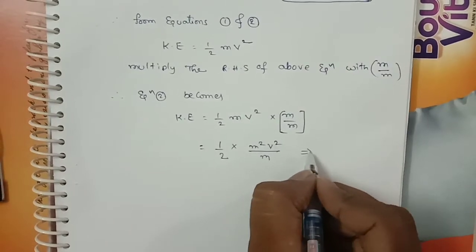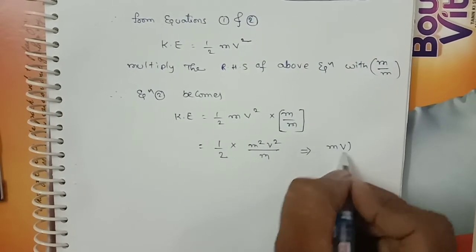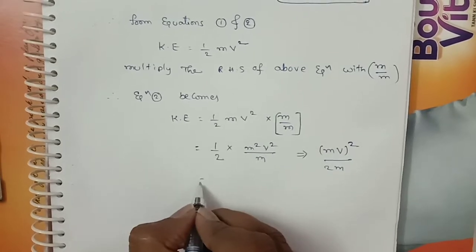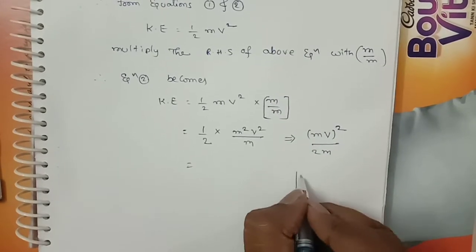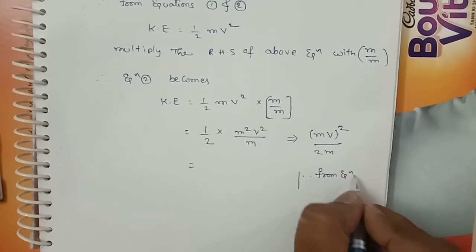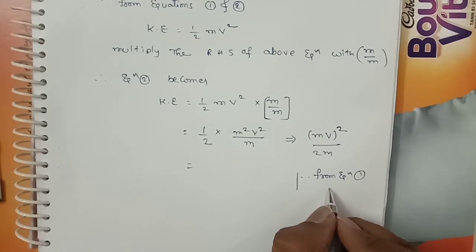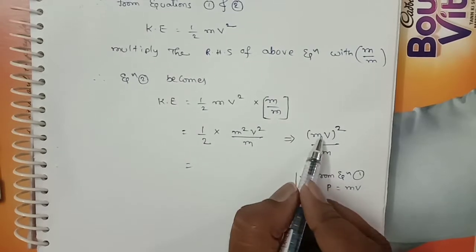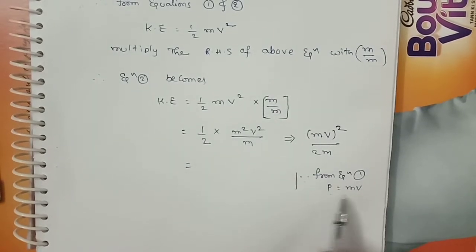But already we know the relation for momentum, that is p is equal to mv. So the above equation becomes mv whole square by 2m. We can write p instead of mv, so it becomes p square by 2m.